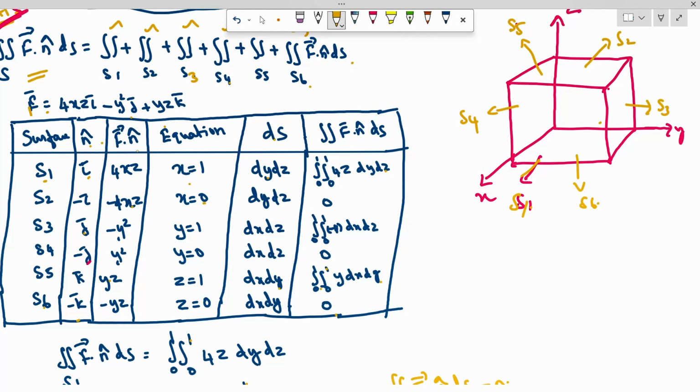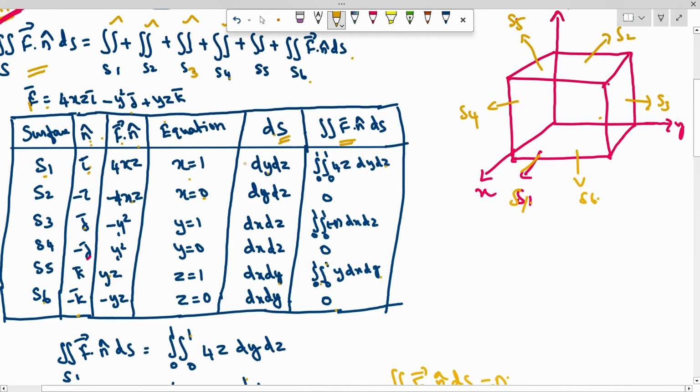The third column is F vector dot n cap, multiplying n cap with the F vector. Then we write the equation, the given equation, and the ds, and finally we calculate the value. If we form this table, we can easily integrate one by one.